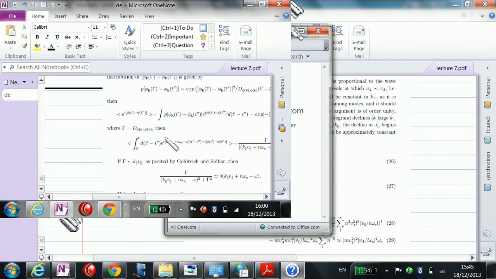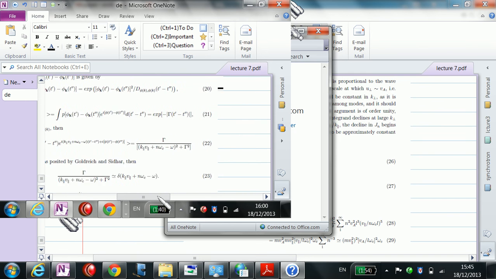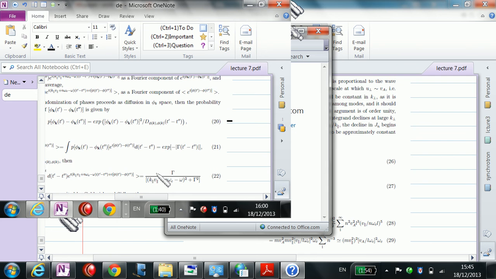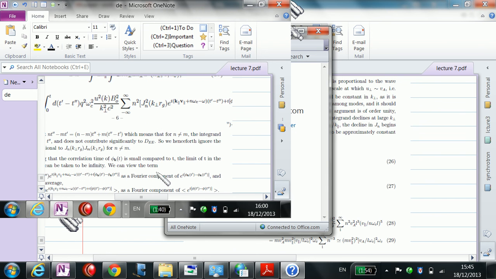Anyway, when you go through the algebra, leaving aside the business about the phase randomization, you get a sum over Bessel functions, but you get this still remaining in the exponent.